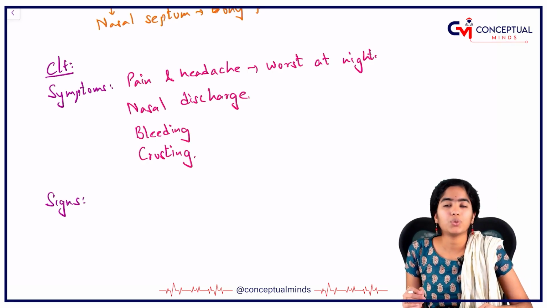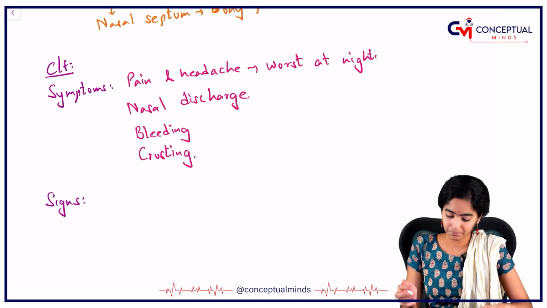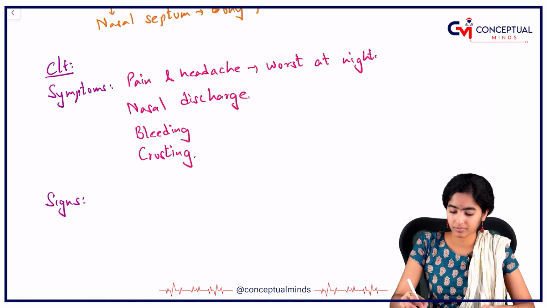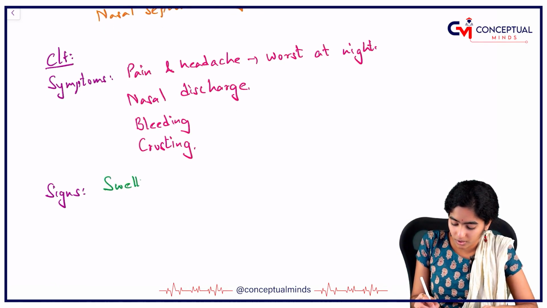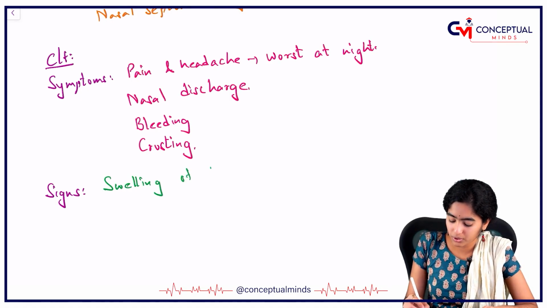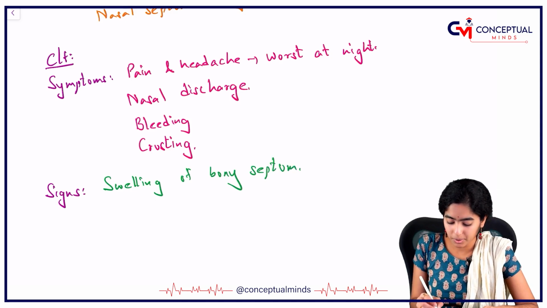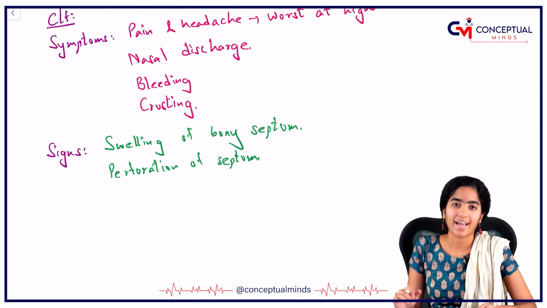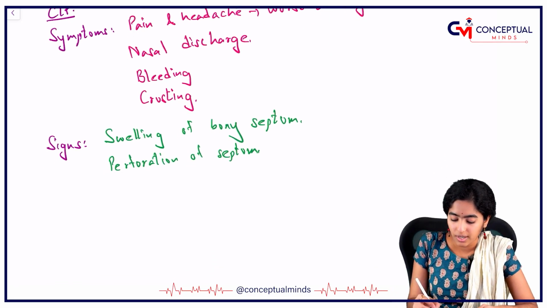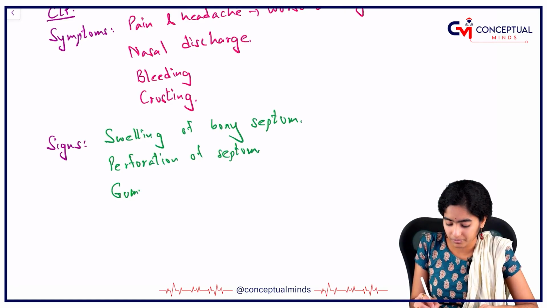What are the signs? Upon examination, you will see that there is a swelling affecting the bony part of the septum. Sometimes by the time the patient presents to you, perforation of septum might have also occurred. And the most characteristic feature, that is gumma.